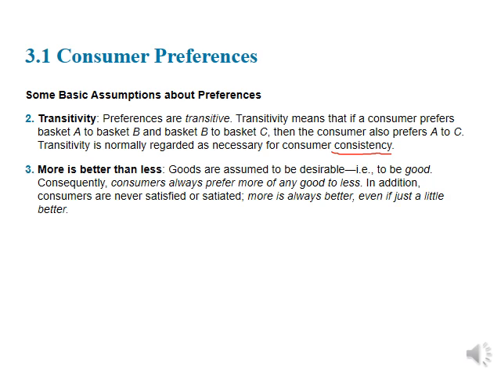So the ability to make a choice and consistency across those choices. The final assumption we're going to make about preferences is that more is better than less. Goods are assumed to be desirable. And you'll note, unlike the completeness and transitivity assumptions, this one is really made more for convenience.